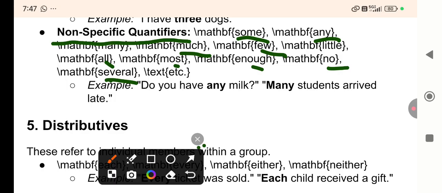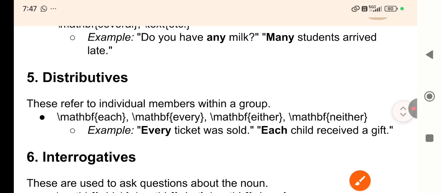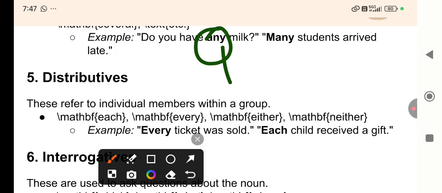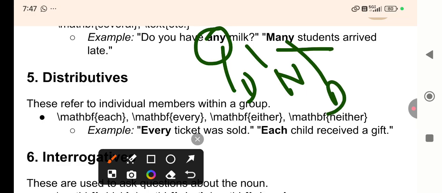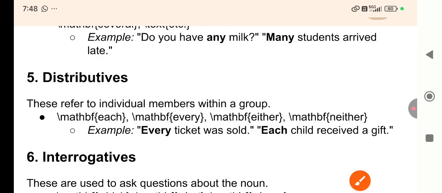Example: do you have any milk? So any is a determiner, milk is a noun. Many students, many is a determiner, and students is a noun, something like that.